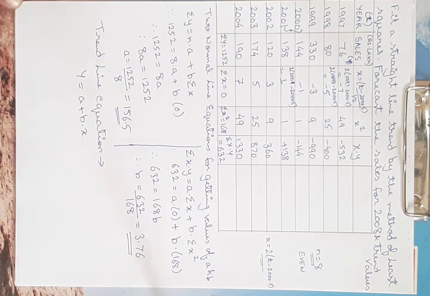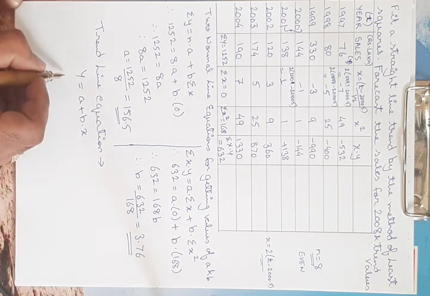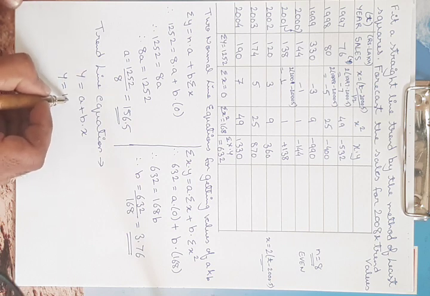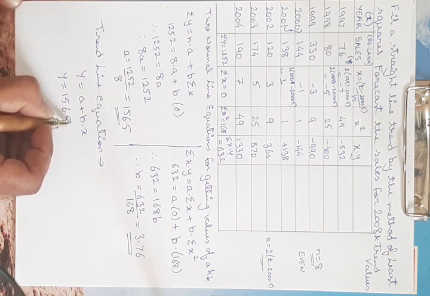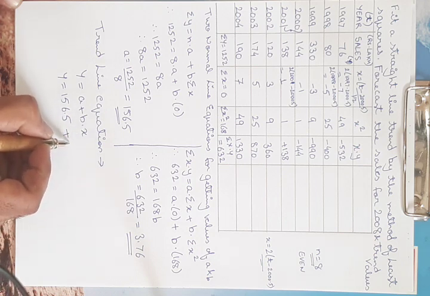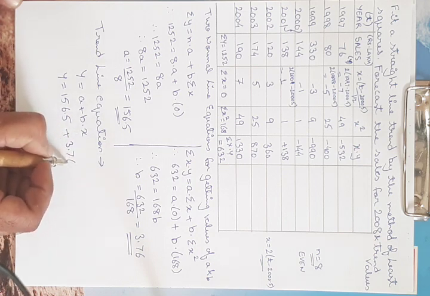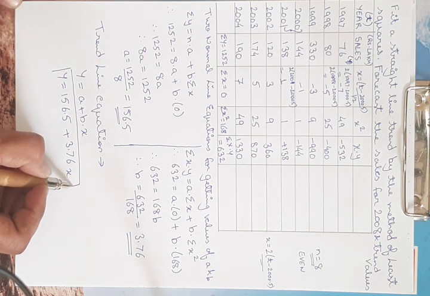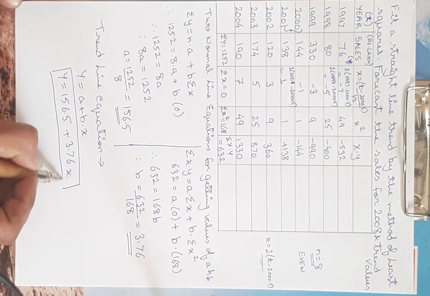We are taking the values from origin. Therefore what is y? Y is unknown, is equal to a. What is value of a? 156.5 plus b. What is b? 3.76 into x. So this particular equation is called as trend line equation.